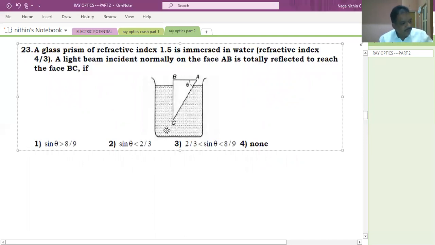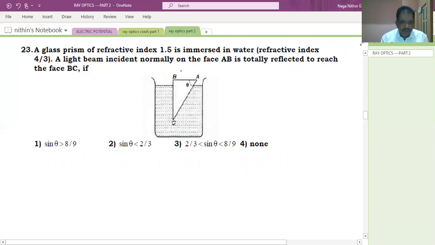Okay, see here what will happen. Light ray is incident in this manner normally. Okay, and again here it is total internal reflection taking place. This angle theta, how much? Here light is going from glass to water.